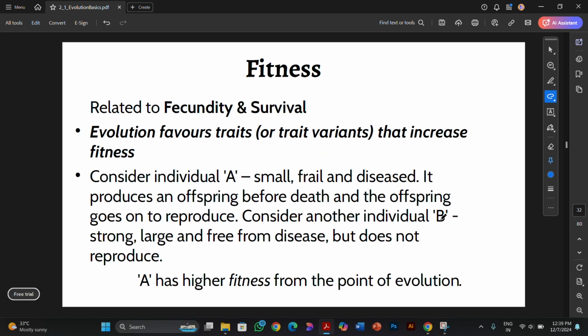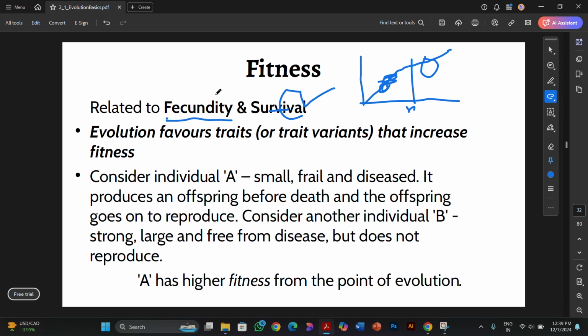Now let's come to fitness, which is related to fecundity and survival. We have to know one graph for this. Suppose this is the reproductive age. Before reproductive age, fitness is mostly dependent on fecundity, and survival is less important. But after this, for a population, survival is more important than fecundity.